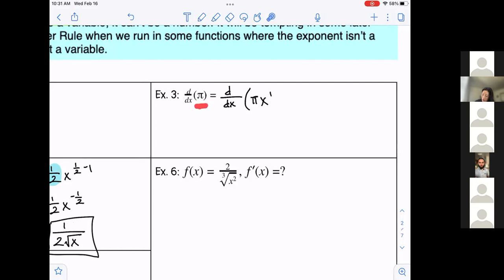Is pi the same as pi times x to the first power? What do we think? Is pi the same thing as pi times x? No, okay. So what is the exponent for the x then?